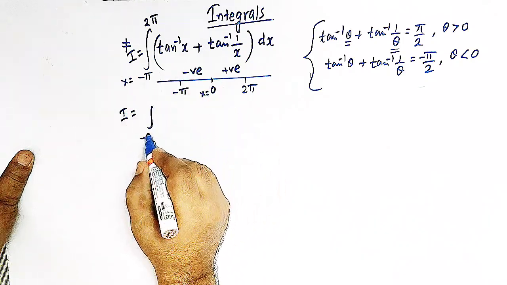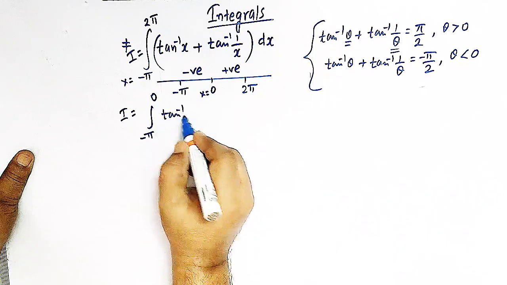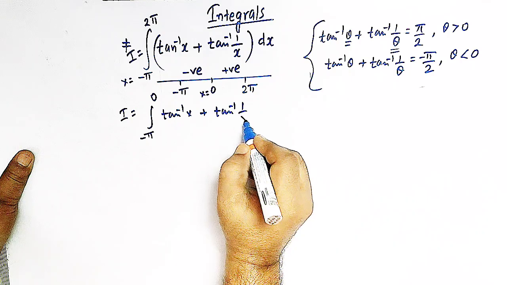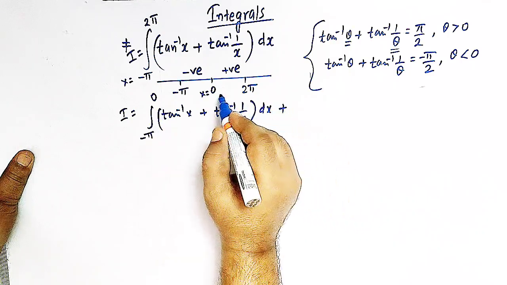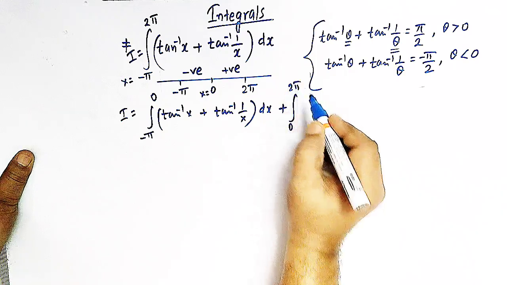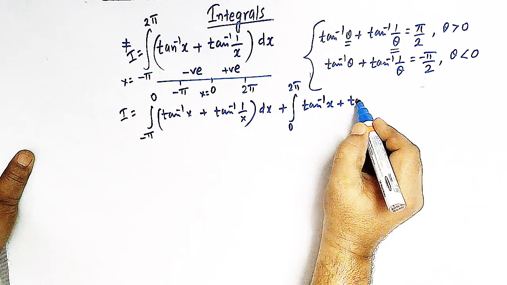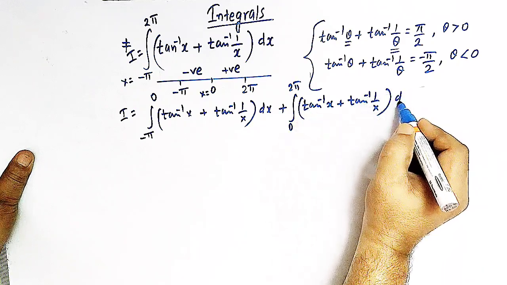So we can now write minus pi to 0, and we have tan inverse x plus tan inverse 1 over x dx, and then we have the integral from 0 to 2 pi tan inverse x plus tan inverse 1 over x dx, right?